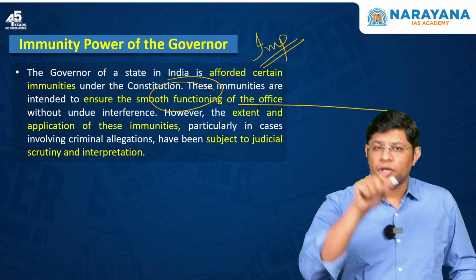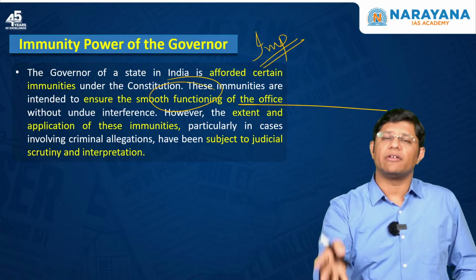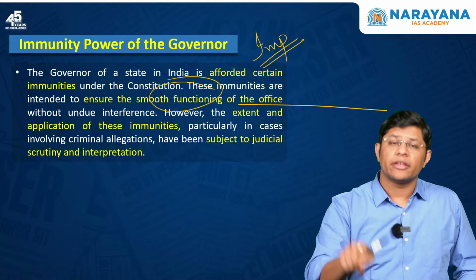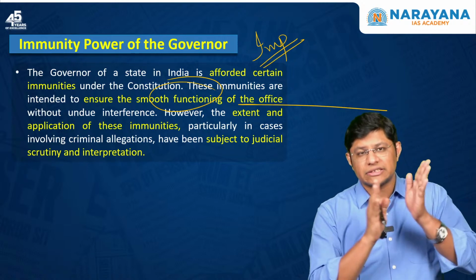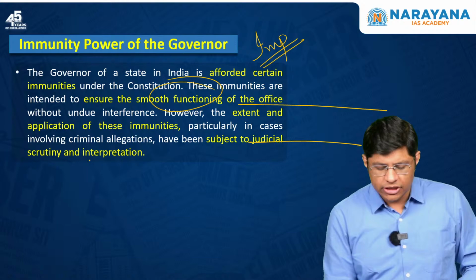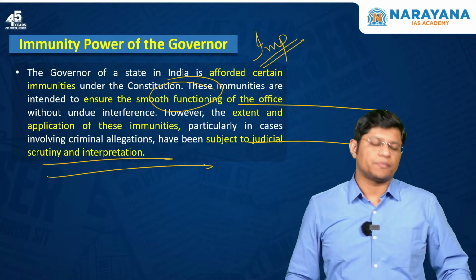These types of immunities are given to the president and the governor. But given that the immunities are misused by governors, this immunity is now subject to judicial scrutiny and interpretation.